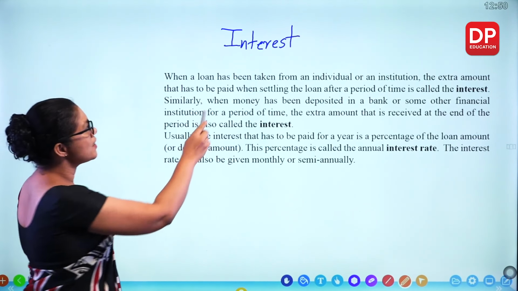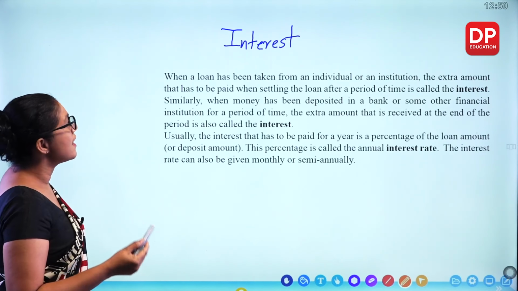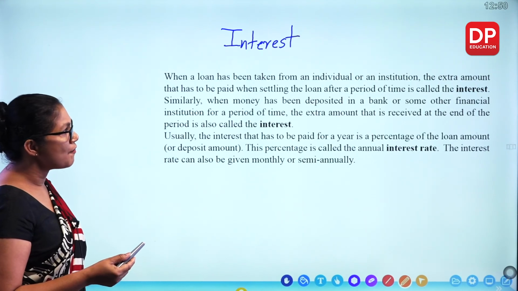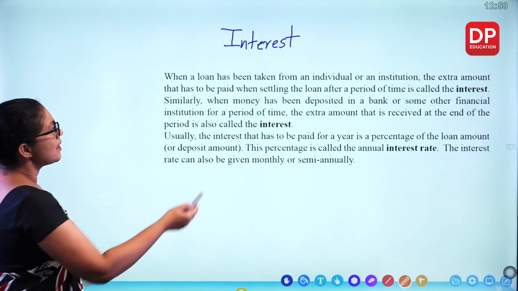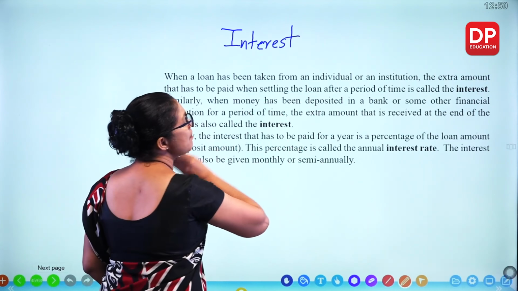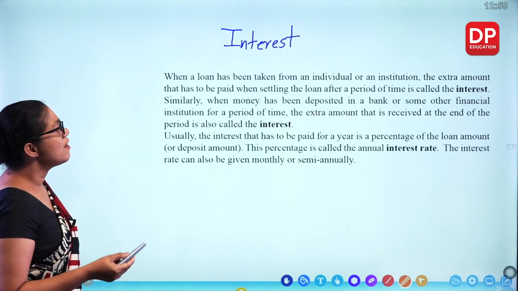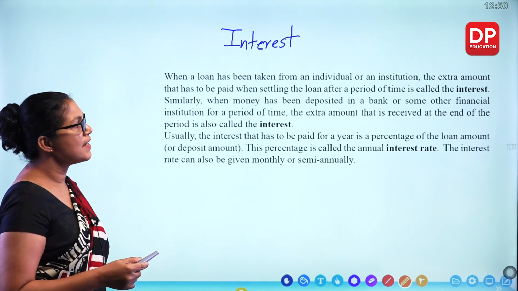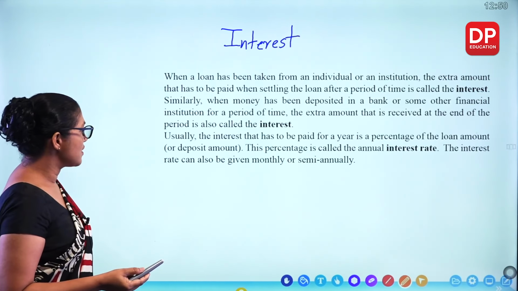When a loan has been taken from an individual or an institution, the extra amount that has to be paid when settling the loan after a period of time is called the interest. Or when money has been deposited in a bank or some other financial institution for a period of time, the extra amount that is received at the end of the period is also called the interest.